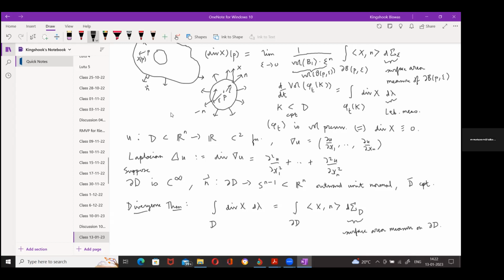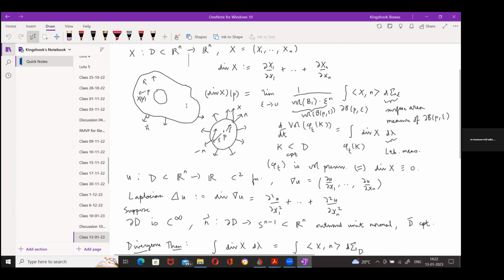Intuitively, the divergence is measuring how much is flowing out at each point, the outward flux at each point. One can prove the divergence theorem like this. There's nothing really special about a sphere in this limit.